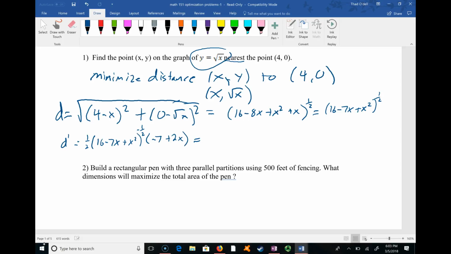And that would be equal to negative 7 plus 2x over 2 times the square root of 16 minus 7x plus x squared. We set that equal to 0.